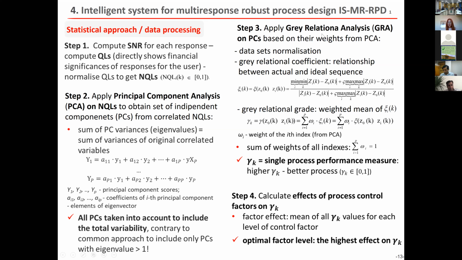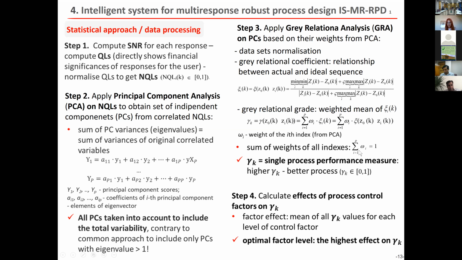Then I applied gray relational analysis to synthesize these independent data into one single measure. How? Here we also need weights, and these weights are actually obtained from principal component analysis.